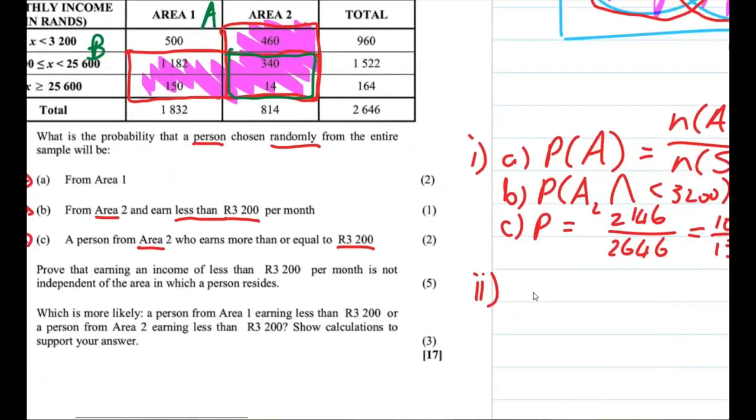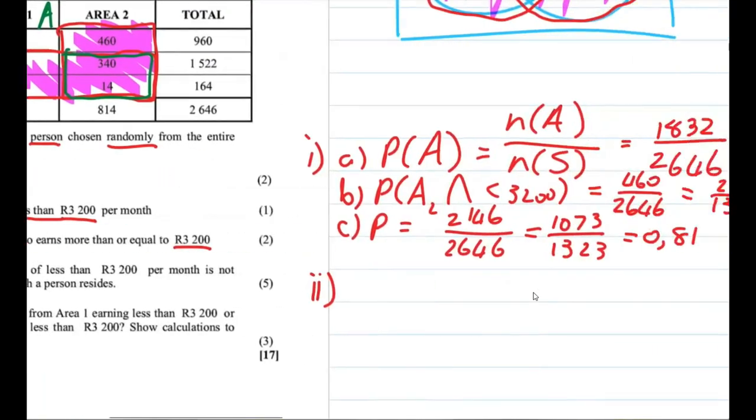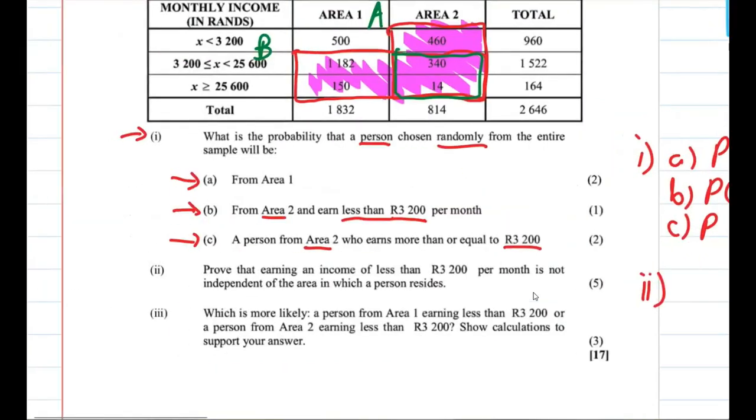Yes, sir. Sorry, man. Wyatt is raising a very good point. I think I read that sentence wrong. And hey, I'm just a human being. I think because the word "all" caught my eye, I was reading it wrong. Now that I read the sentence again, they say, what is the probability that a person chosen randomly from the entire sample will be a person from area 2?